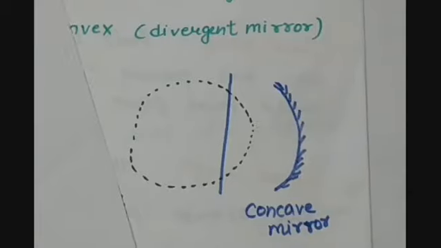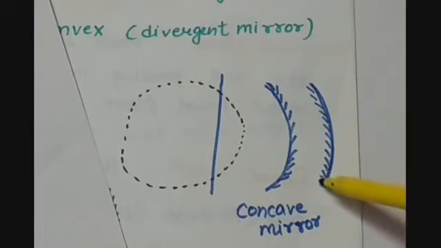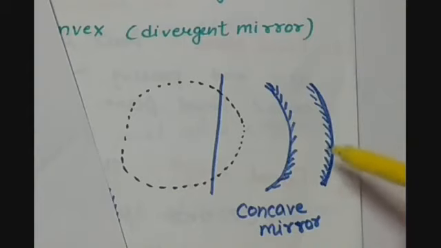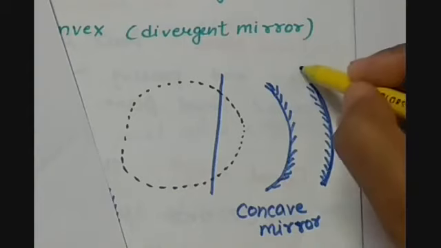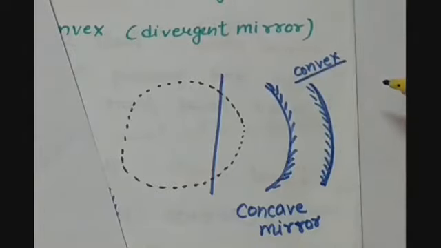But if we do the opposite, if we take the curved surface, we silver the edge and we put a coating of oxides on the depression side. Now the surface which is bulging out is the reflecting surface, and this is called convex mirror.